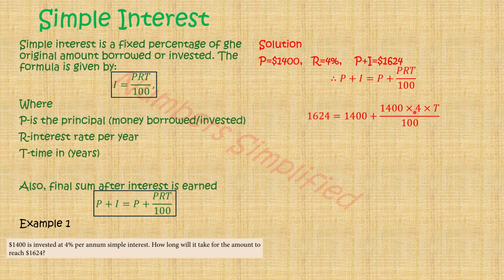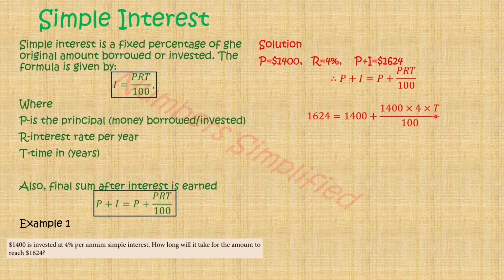The R, which is the rate of interest, is 4% per annum over 100. What we don't have is the T. That is the one that we are going to find. So we have to solve for T.